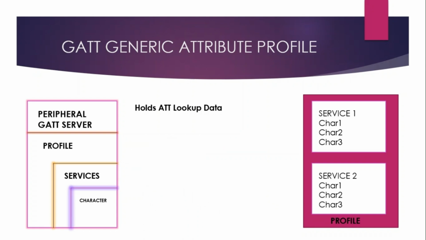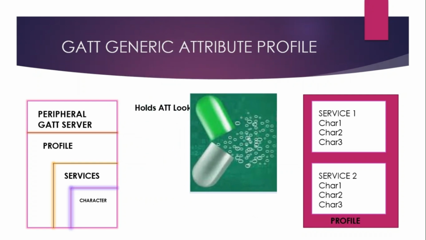Next, we'll see characteristics. A characteristic is the lowest level concept in GATT, and it encapsulates a single data point or value. It contains a single value, but it can also hold an array of data.